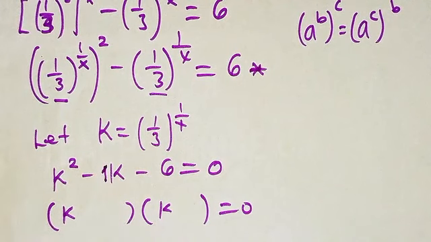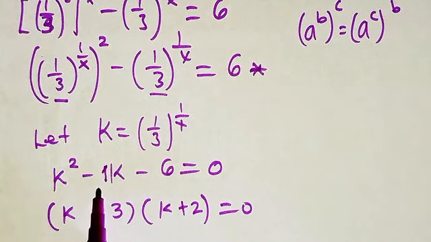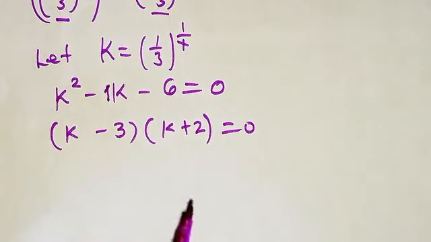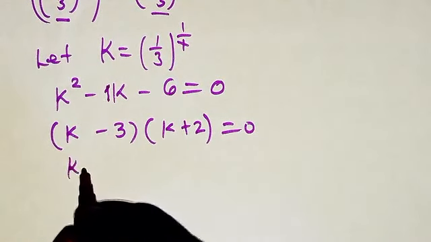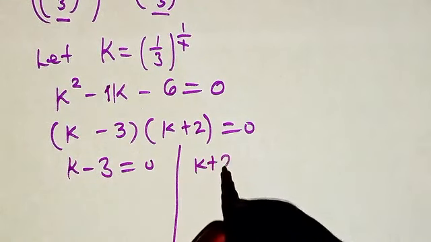The values we have are minus 3 and plus 2. Minus 3 times plus 2 gives minus 6, and minus 3 plus 2 gives minus 1k. So we equate k minus 3 equals 0 and k plus 2 equals 0.